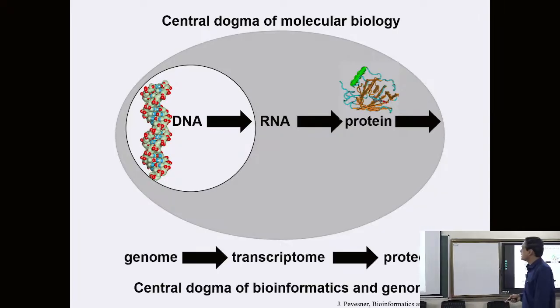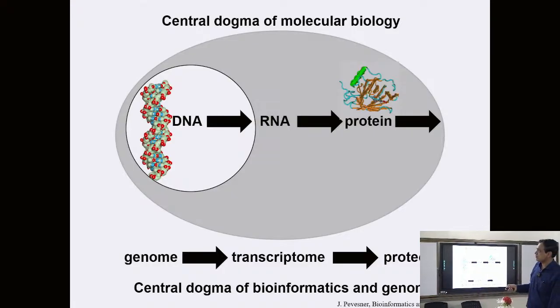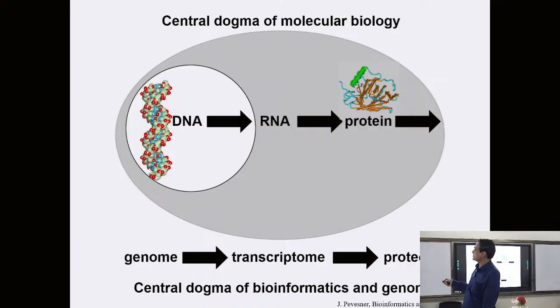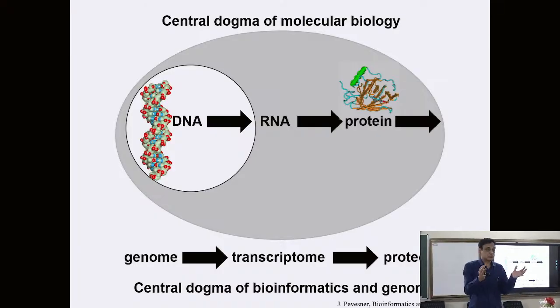Okay? So what is a genome? All DNA within the nucleus of a cell, all DNA together, that is genome. All those that are produced due to transcription are called transcripts.